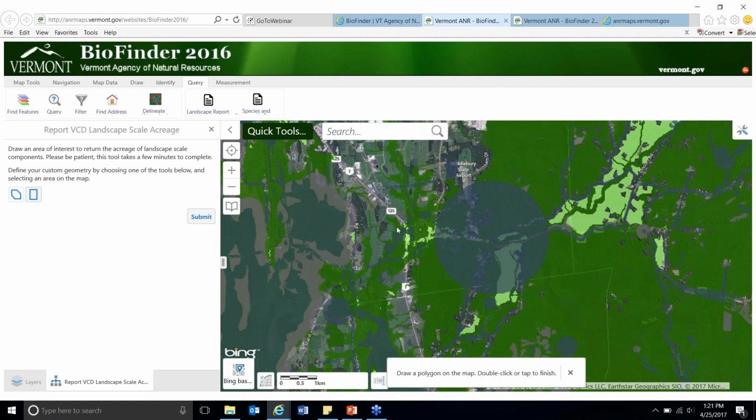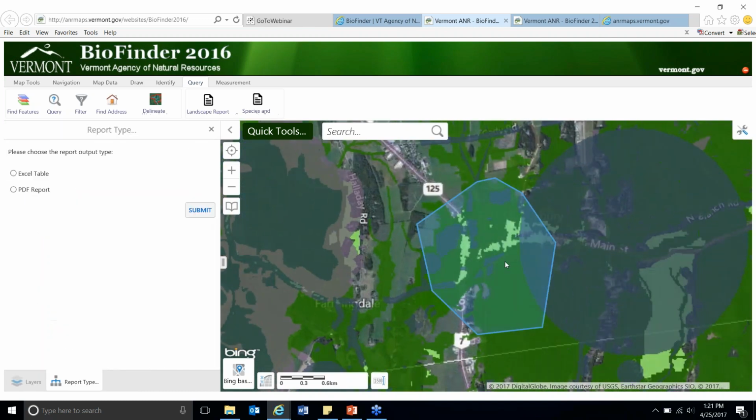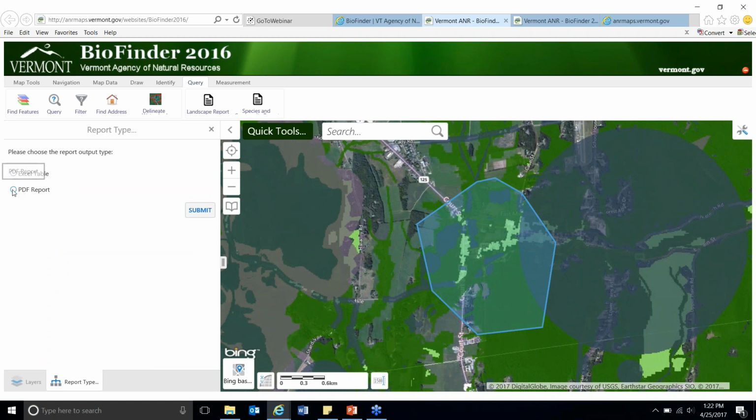But I'm just going to draw a box here around an area of interest. I'm kind of arbitrarily assigning this area of interest right now, but if you have a place that's special to you, you can do that. I'll submit that geometry, and this is the place that I'm going to get a report. You can either do an Excel table, so that'll give you a sheet of numbers, or you can do a PDF report.